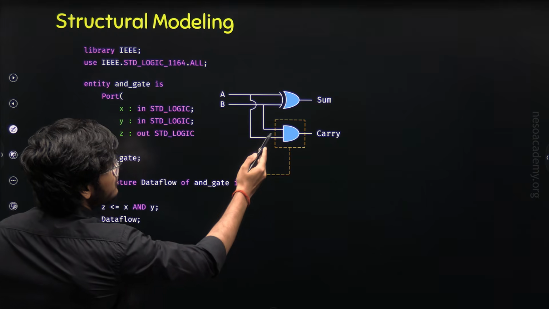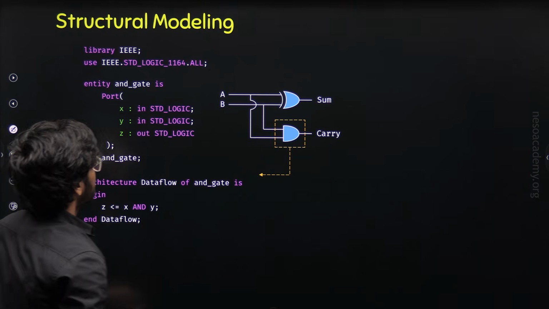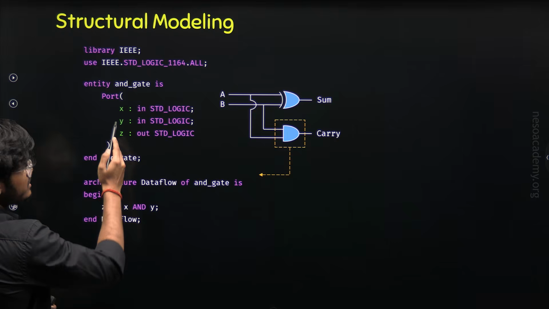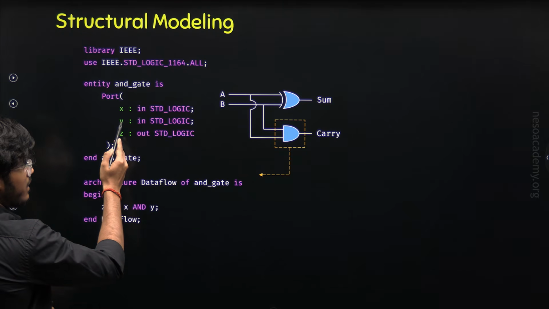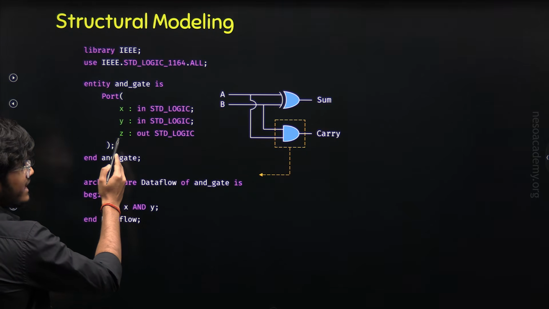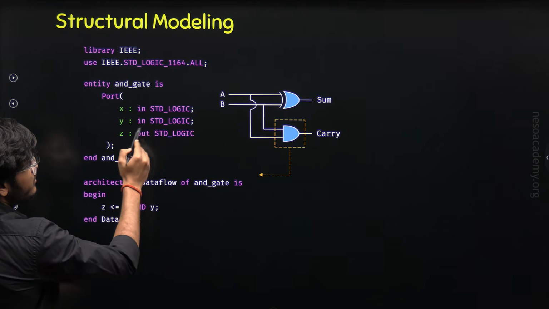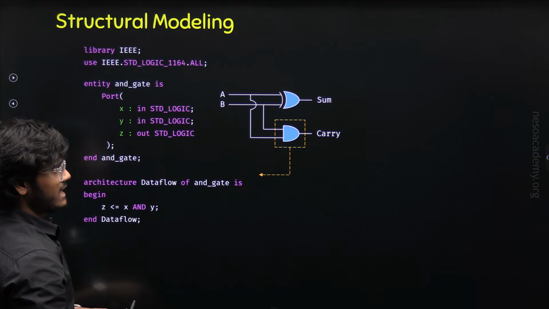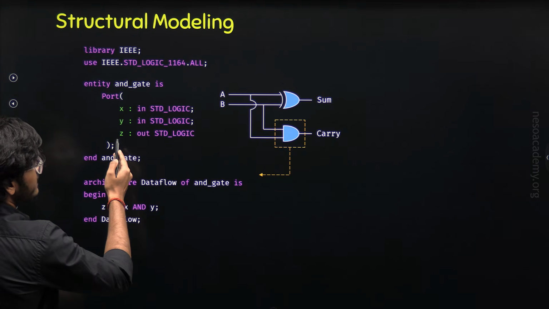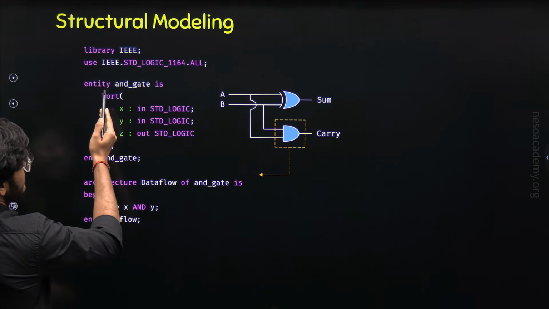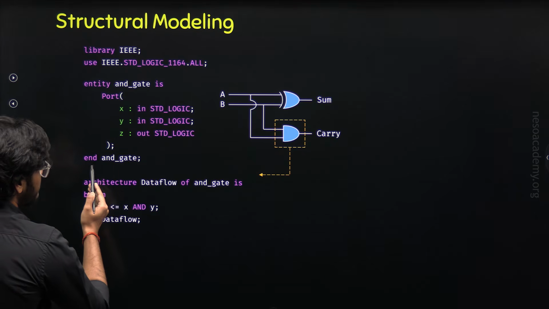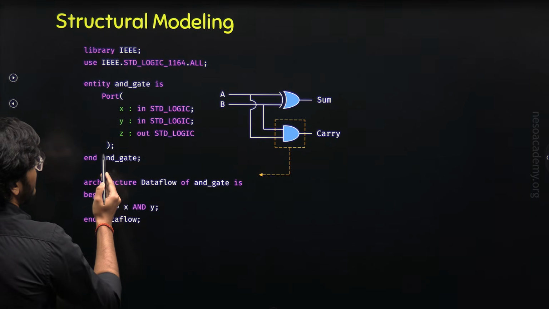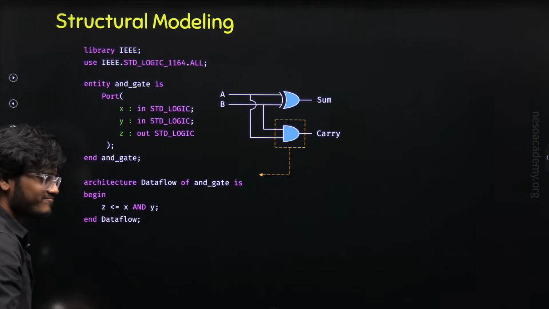And here we have a two input AND gate. So we are declaring two inputs, let's say X and Y, and one output Z. And both of these inputs and output are of standard logic data type. After port declaration, we can end this entity using the keyword end and the name of the entity, AND_gate.